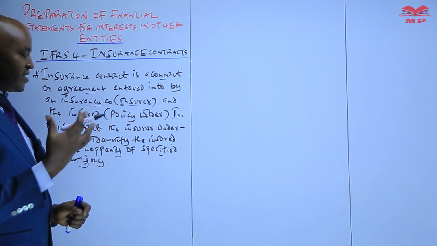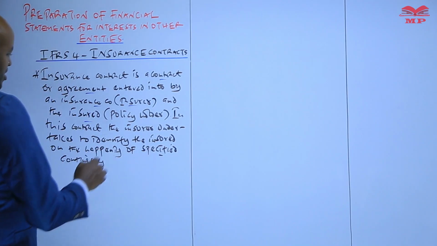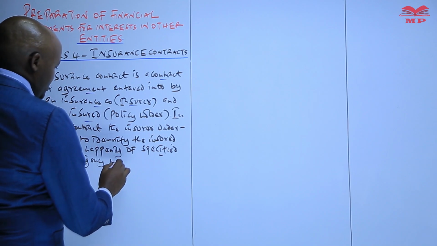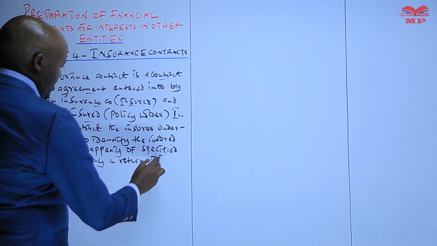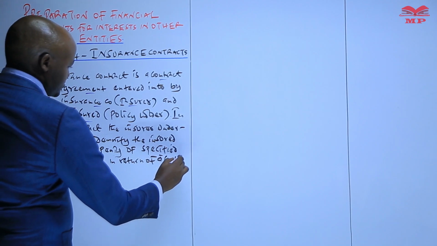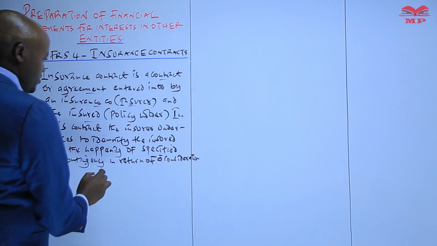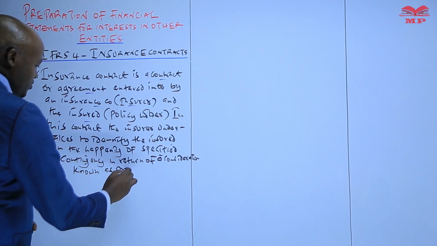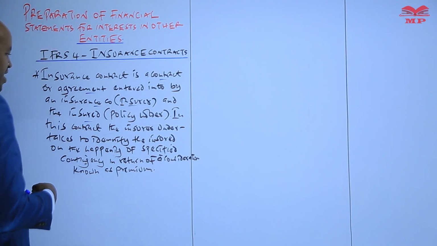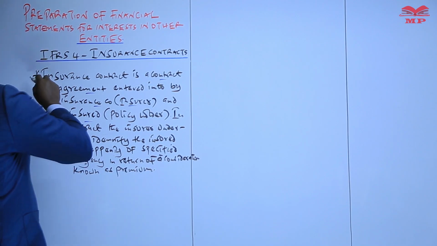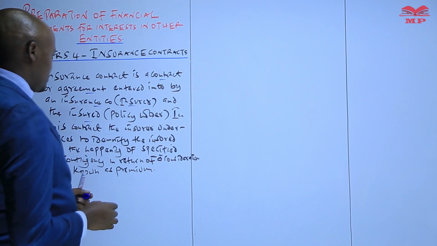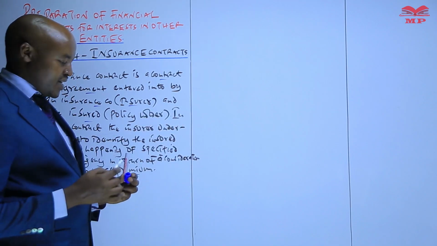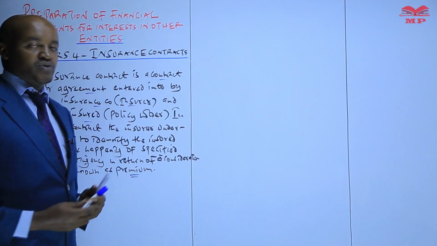An accident is a contingency. An accident may or may not do what? Occur. To indemnify the insured on the happening of a specified contingency in return for a consideration known as premium. So once the insurance company undertakes to indemnify the insured on the happening of that contingency, the insured is required to make some periodical payments to the insurance company, which are known as what? The premiums.